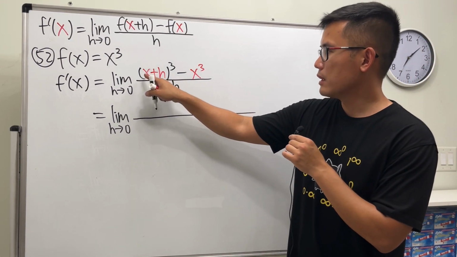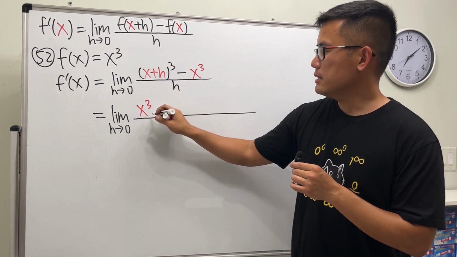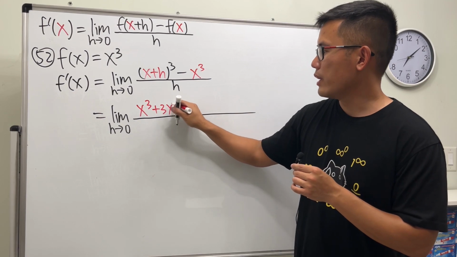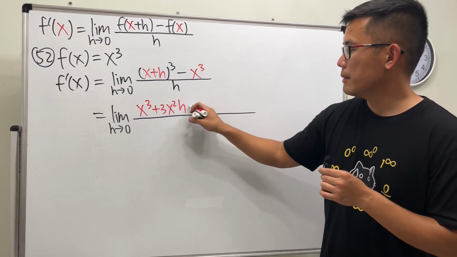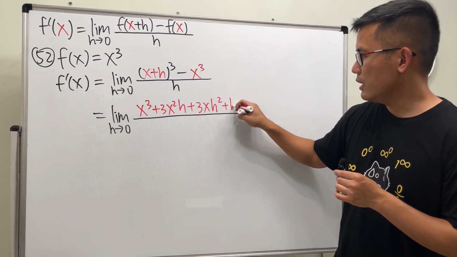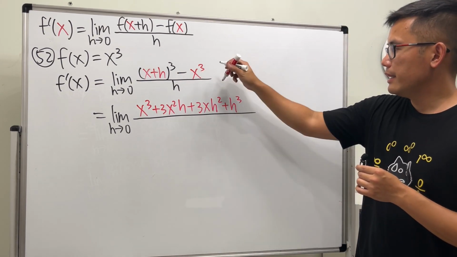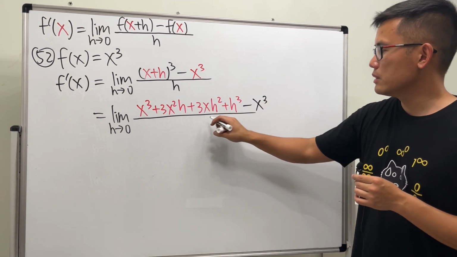So first we will have 1 times x to the third power, so just x to the third power, plus 3 times x squared and h to the first power, and then plus 3 times x to the first power h squared plus h to the third power. So that's the expansion for that. And then minus x to the third power all over h.